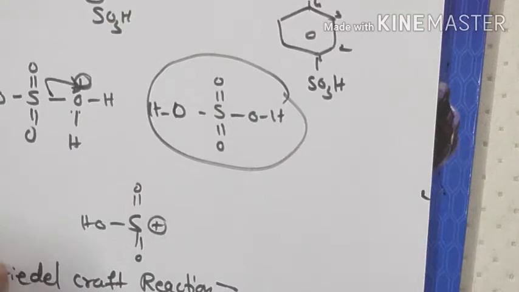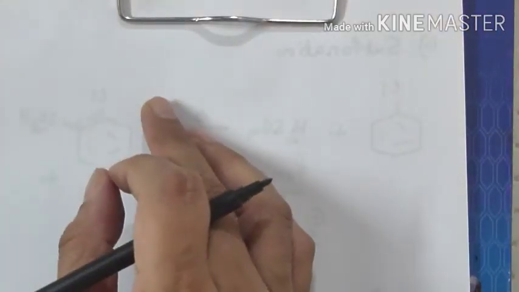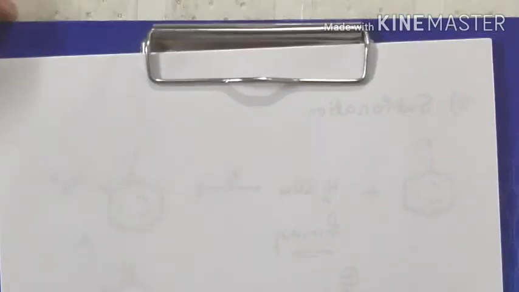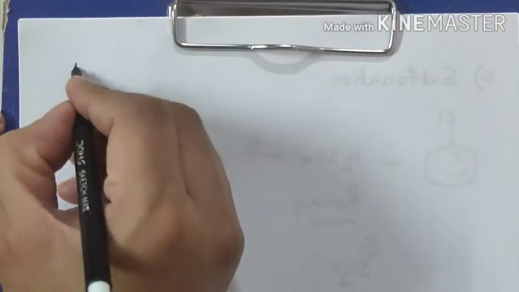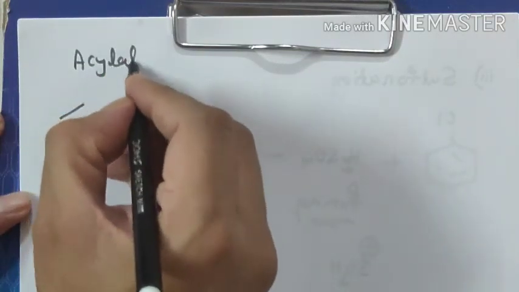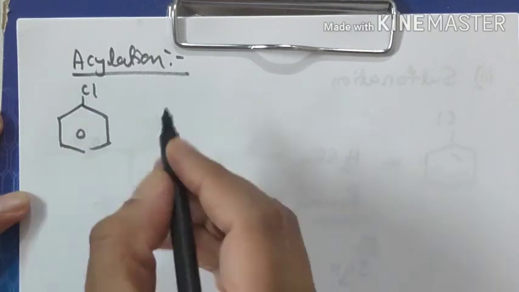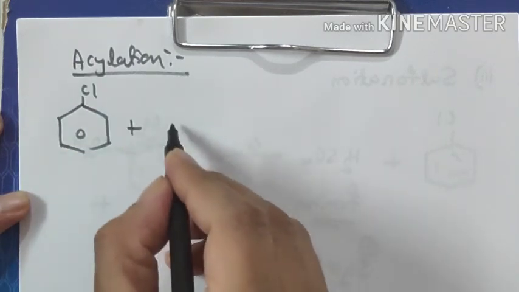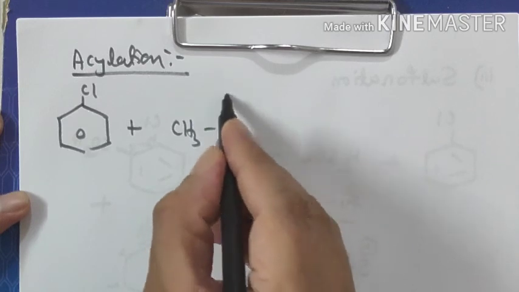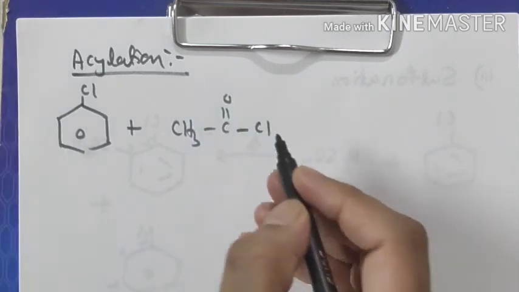Okay, now that was alkylation, and the next reaction is acylation, where we actually add an acyl group. Chlorobenzene, I treat this with CH3 C double bond O Cl.